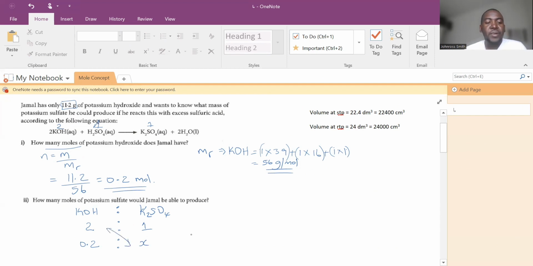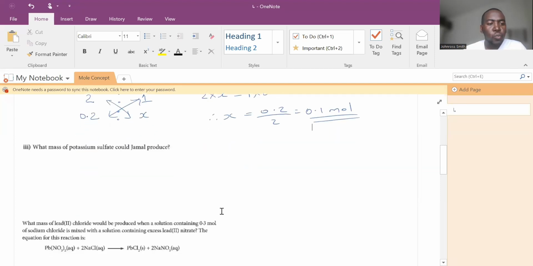We multiply across, so it's 2 times X equals 1 times 0.2. And hence we get that X is equal to 0.2 divided by 2, which is 0.1 mole. So 0.1 mole of potassium sulfate was produced based on this reaction.